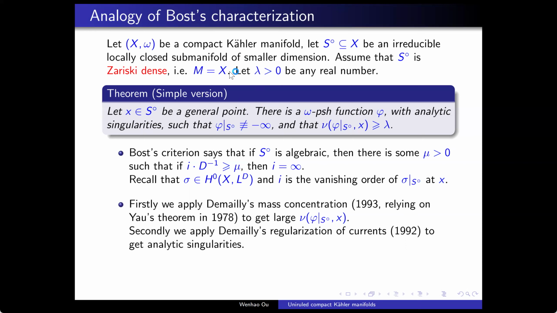So we translate that with the language of currents into the following theorem. I call this a simple version. Let X be a Kähler manifold and let S0 be a general point.